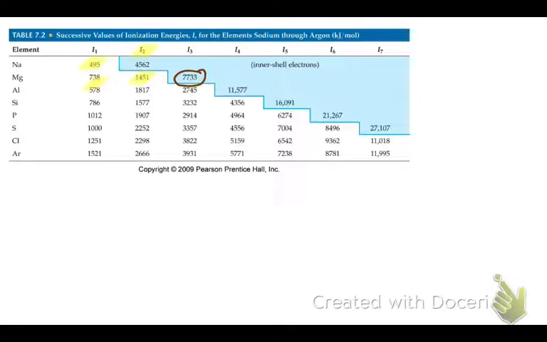Aluminum has 3 valence electrons, right? So it will be 1, 2, 3. The fourth is coming from the core, so you see there is a huge jump. So from the given values, I can always identify where the jump happens, which is the first time I leave valence electrons and I start to remove core electrons.